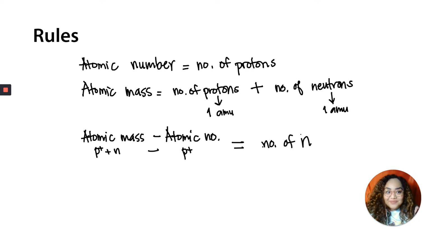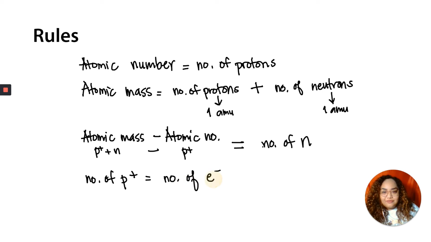Makes sense, right? And then, what about the electrons? Well, in a stable element, like an element that has no charge, like zero charge, the number of electrons will be the same as the number of protons. So that's it. So those are the rules that we have to remember all the time.